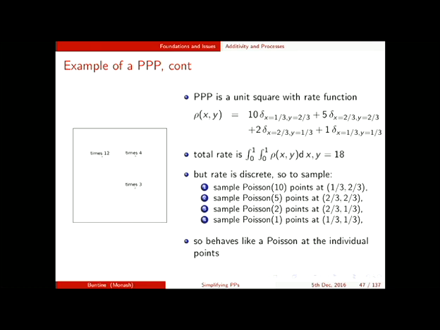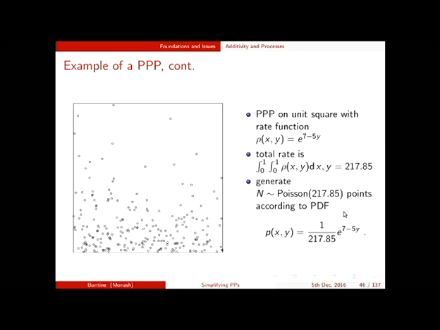Now, here it's even simpler. There's actually 4 dots on top of each other here, but you can't see them because I don't have a 3D plot. In this case, there's 12 dots on top of each other. So this Poisson rate is a delta function, and it's only got value at 4 points. So in this case, instead of it being rho, we normalise rho to get this kind of probability density.